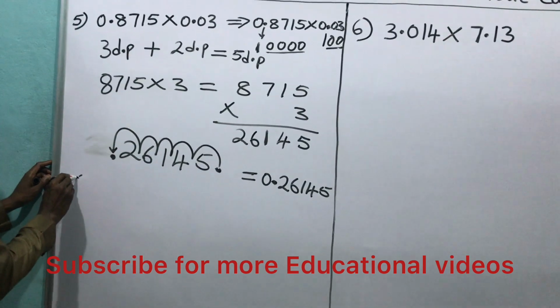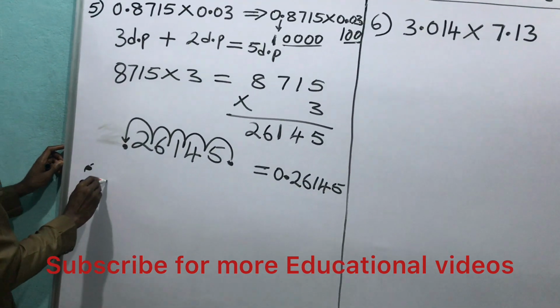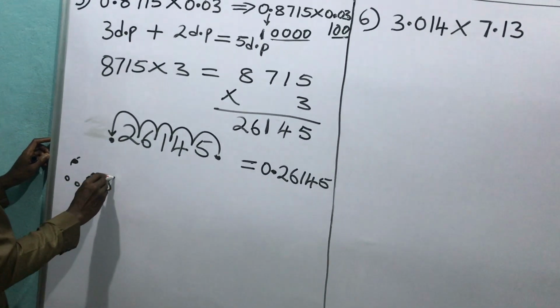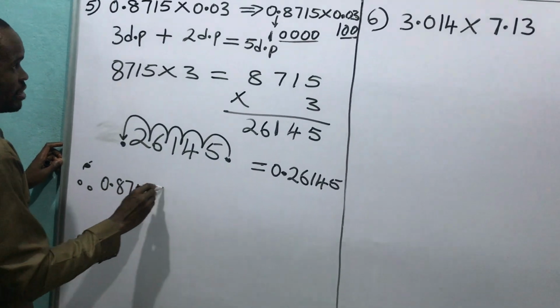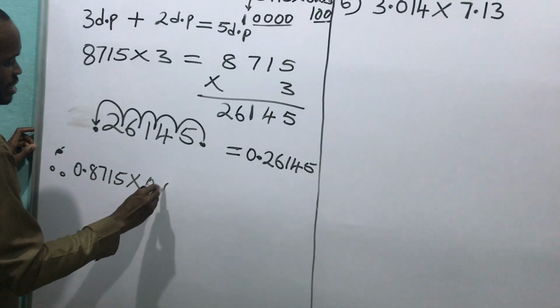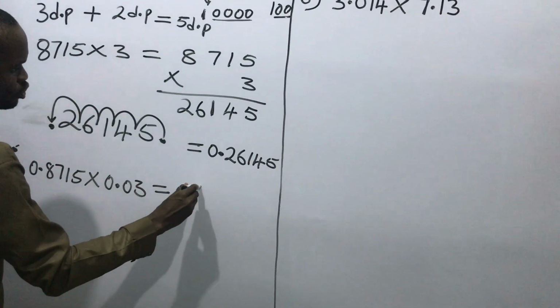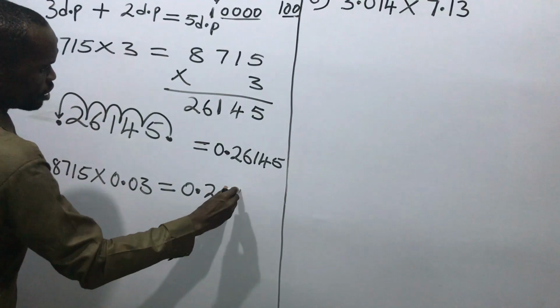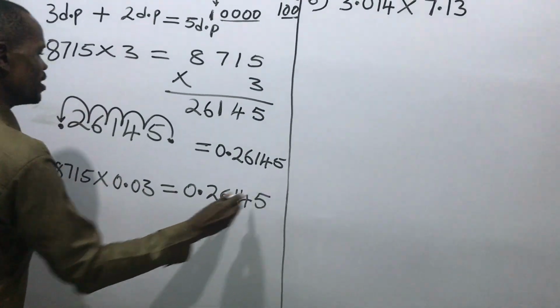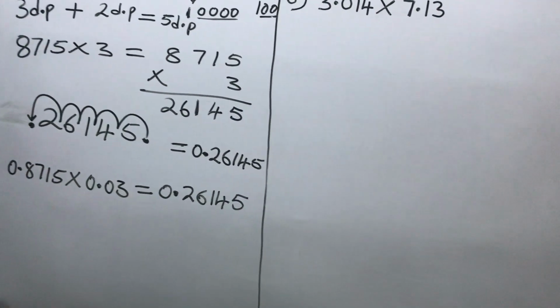Therefore, 0.8715 times 0.03 is equal to 0.26145. That is my answer for this particular question.